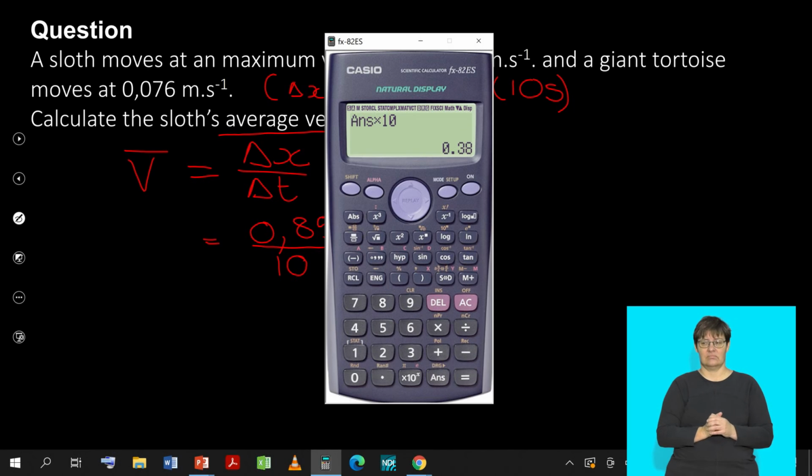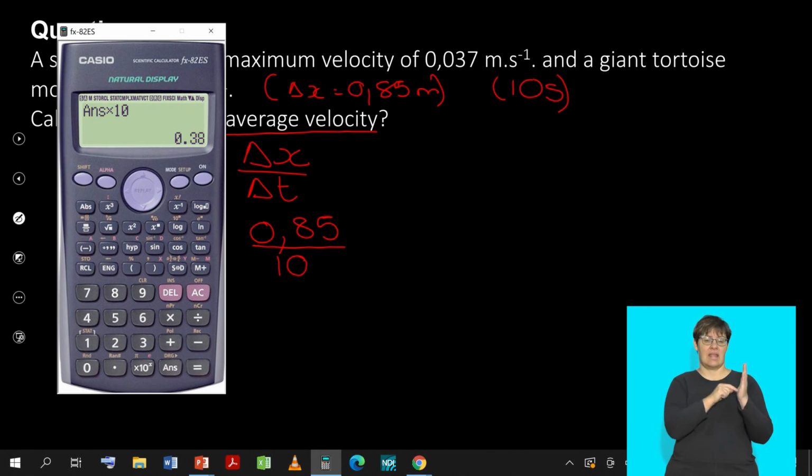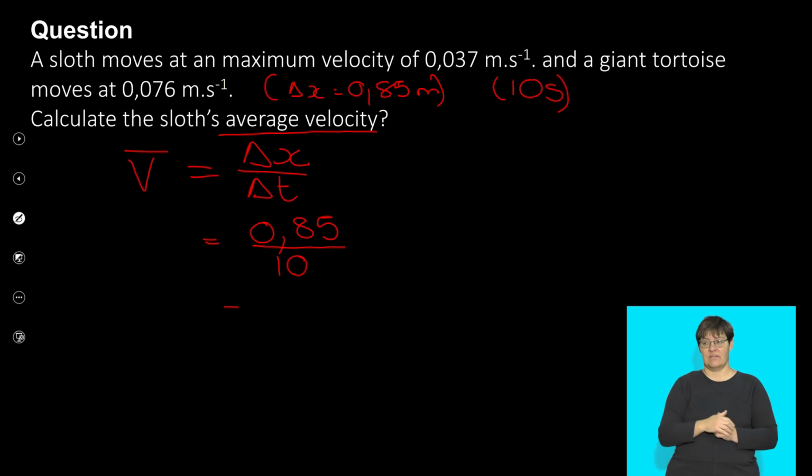So we take out our trusty calculators, who we like lots, and we go 0.85 divided by 10, and we get 0,085.